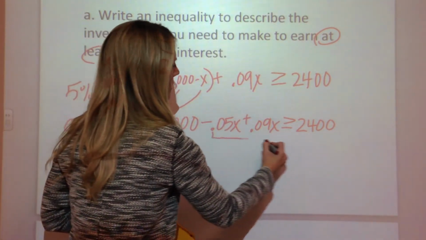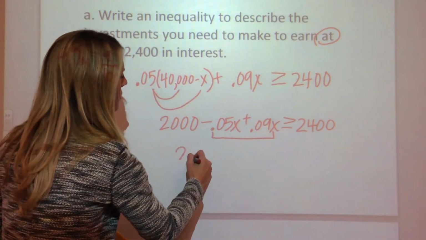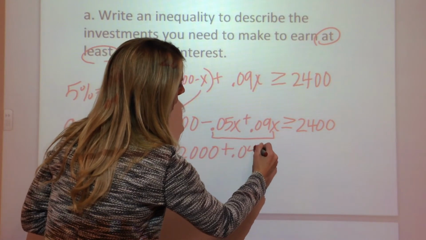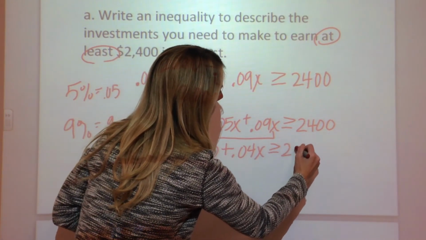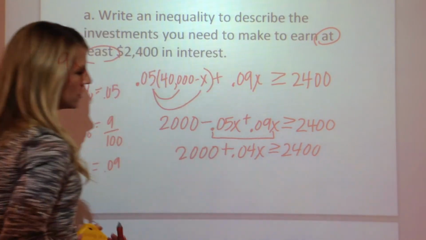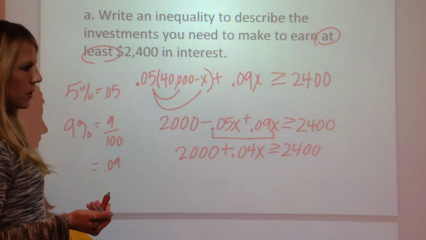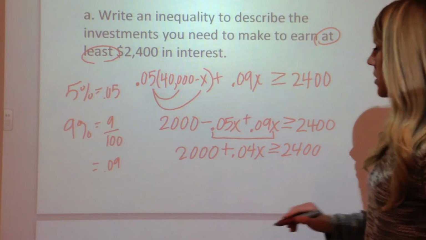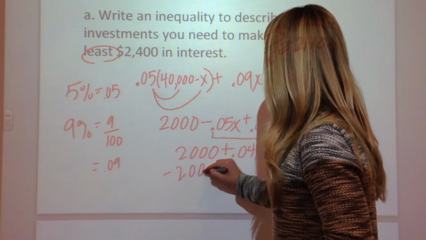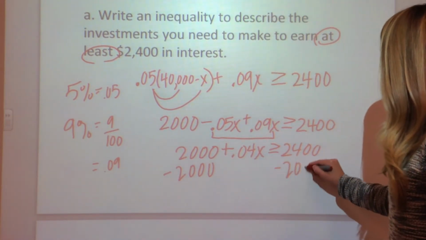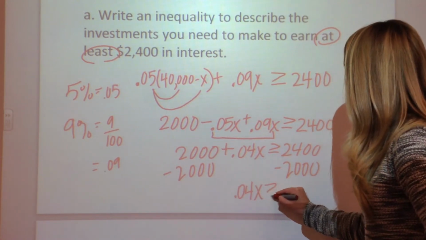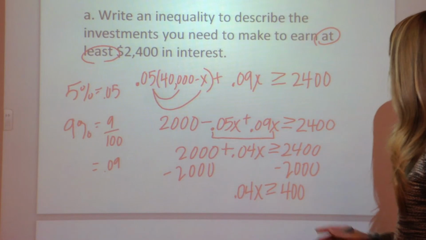So I have a couple of like terms here. So I get 2,000 plus 0.04x is greater than or equal to 2,400. So now, easy problem. Subtract 2,000 from both sides and then divide by 0.04. So minus 2,000. So 0.04x is greater than or equal to 400.